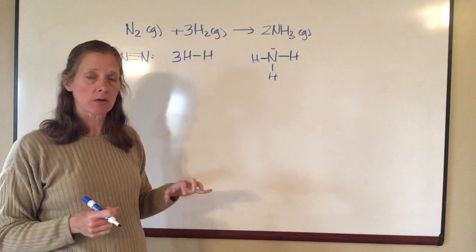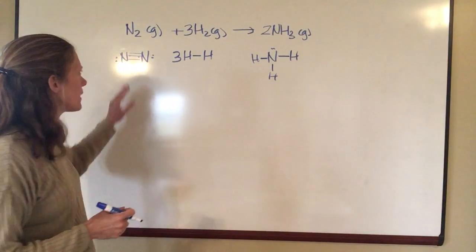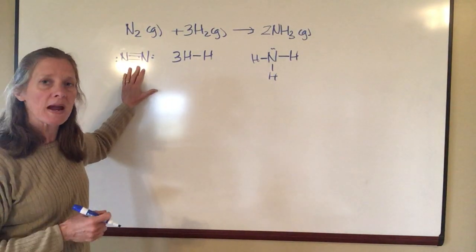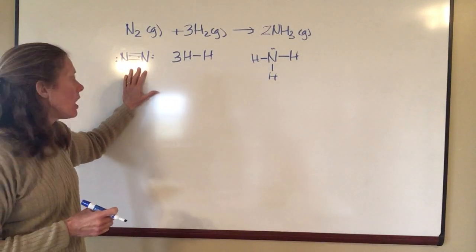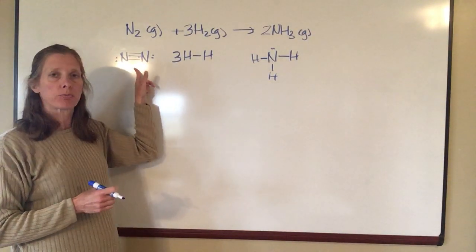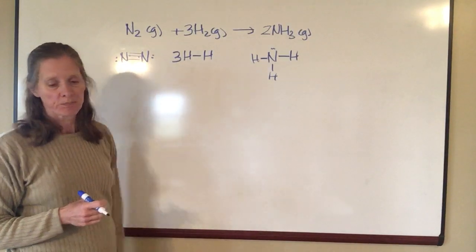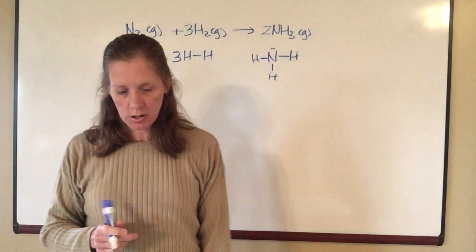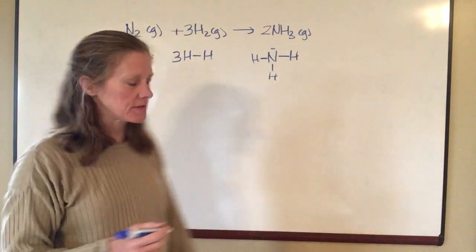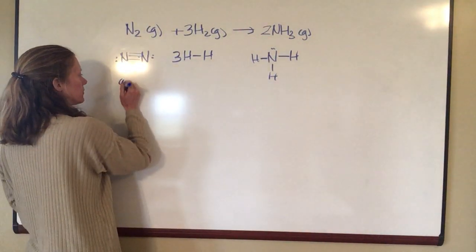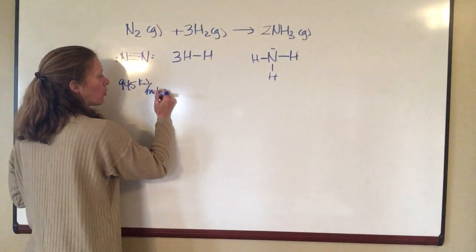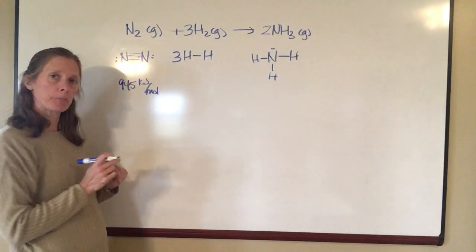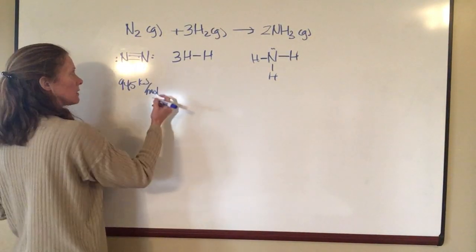Now, in order to calculate this, what you need to do is say, all right, if I'm going to completely break this down into the constituent atoms, the first thing I have to do is to break this triple bond. And the table in your book tells you that it takes 945 kilojoules per mole to break a triple bond between 2 nitrogen atoms.